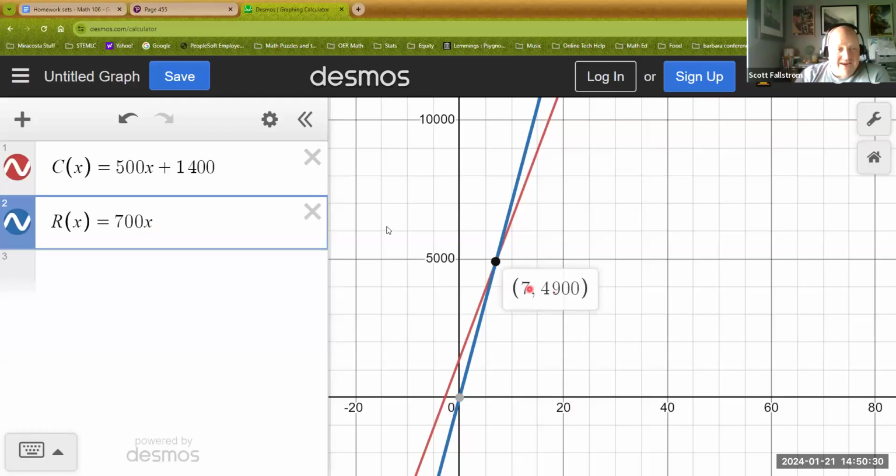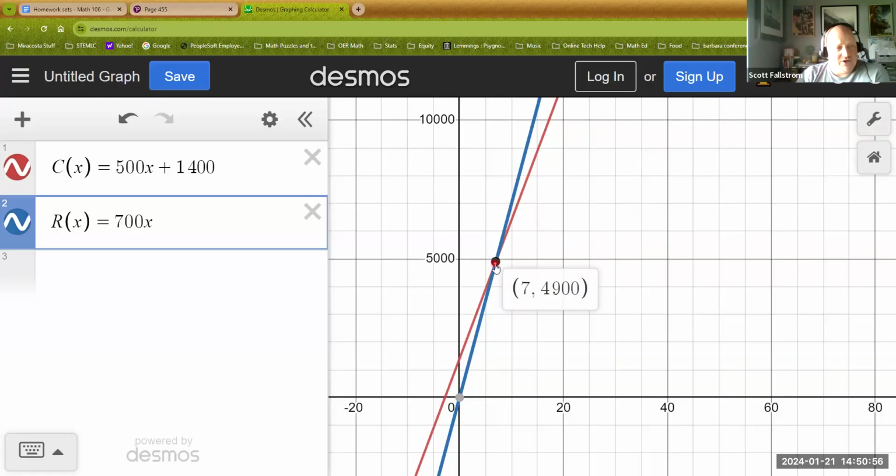But if you made 7 bicycles, because of your $500 cost per bicycle, plus your $1,400 that you spent having the shop open, that's also $4,900. So everything before that, if you sold 1, 2, 3, 4, 5, or 6 bicycles, you are losing money. At 7 bicycles, you break even. You have 0 profit.